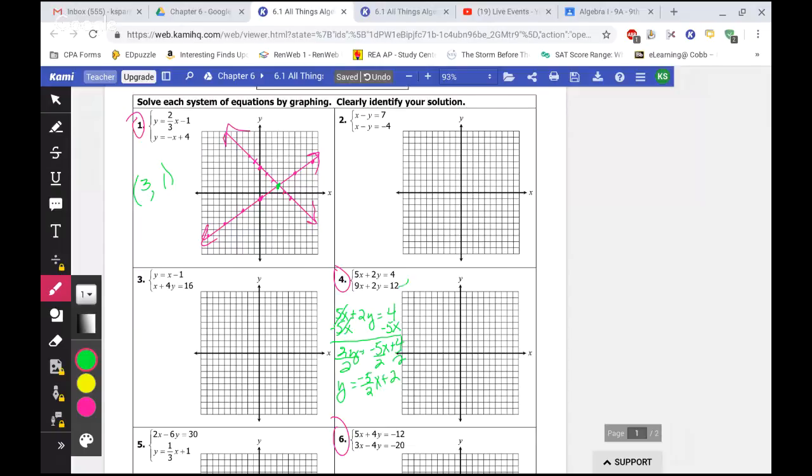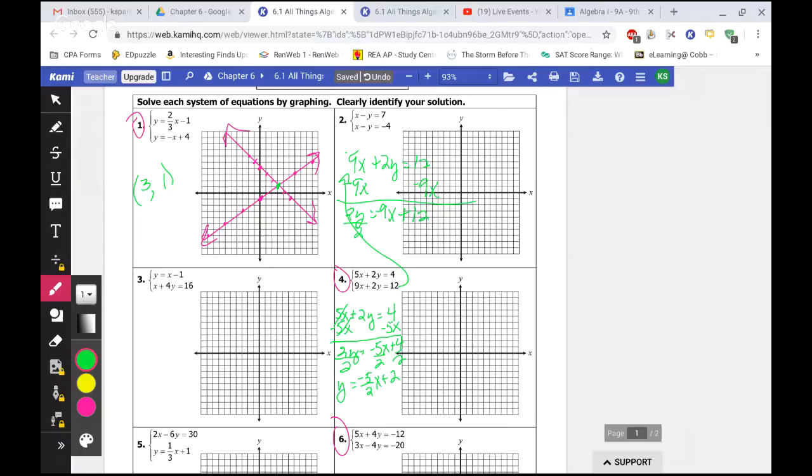And then I'm going to go up here. 9x plus 2y equals 12. I'm going to subtract 9x. I hope y'all can even see that. From both sides. That gives me 2y equals negative 9x plus 12.